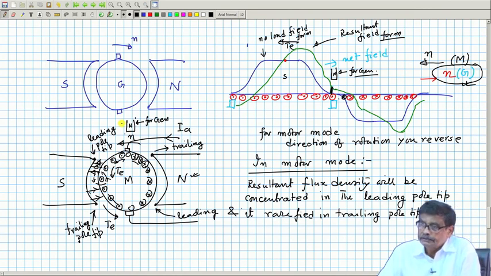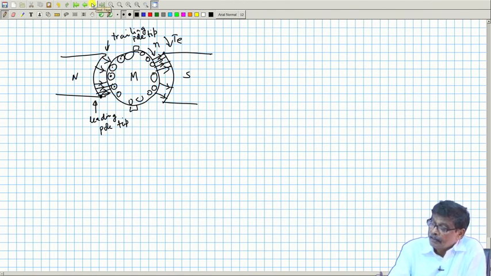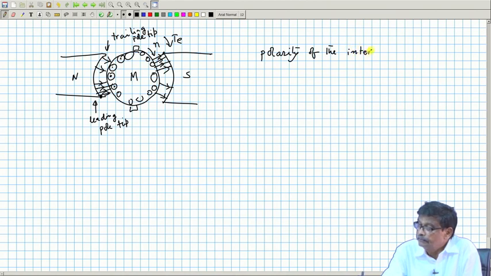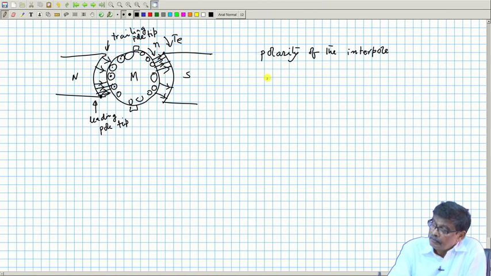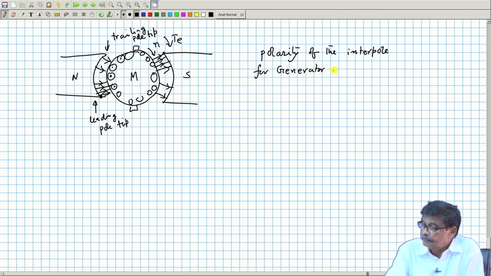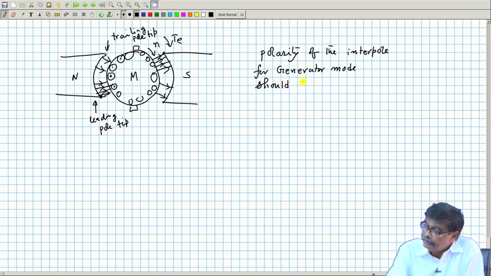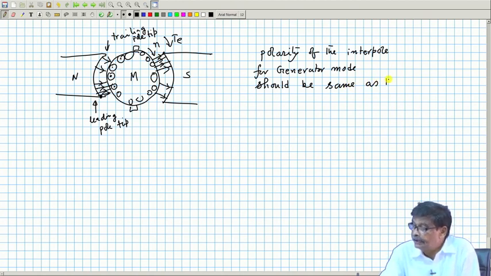Okay. So, that is there. Therefore, I will conclude that the polarity, meaning whether north or south, of the interpole for generator mode should be the same as the main pole ahead.